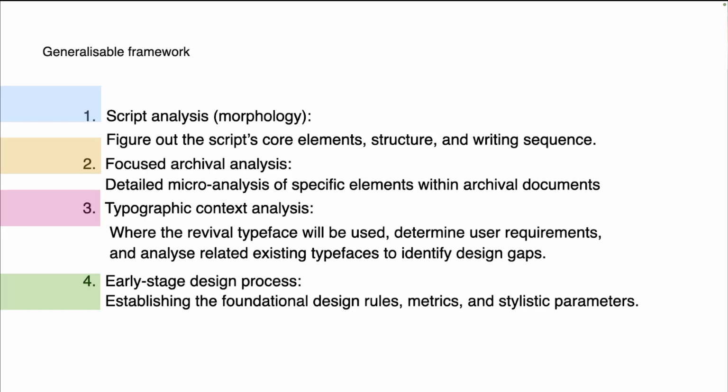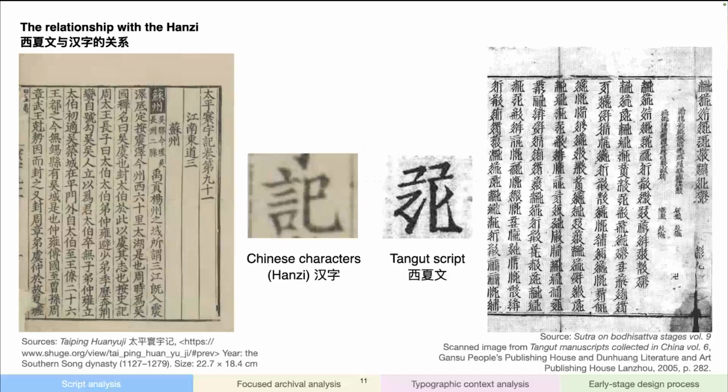Then is the typography context analysis, where we figure out where the revival typeface will be used, determine user requirements, and analyze related existing typefaces to identify the design gaps. Then we move to the early-stage design process, where we establish the fundamental design rules, metrics, and stylistic parameters. I will now use the Tangut script to show how these stages work in practice.